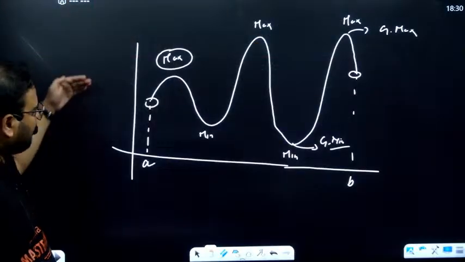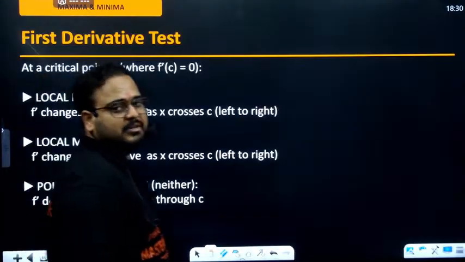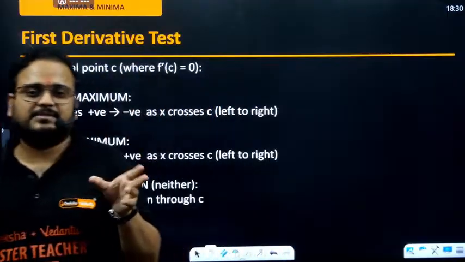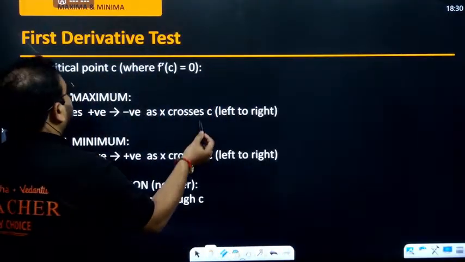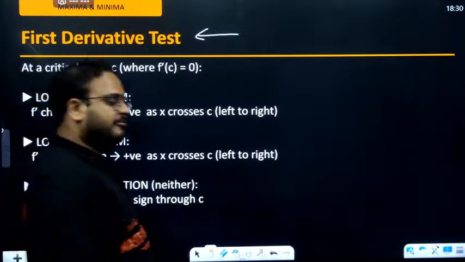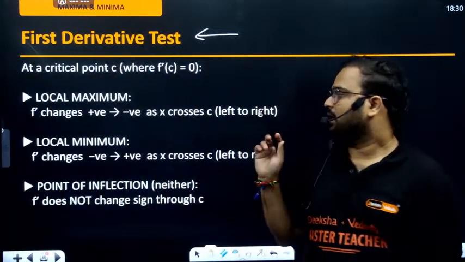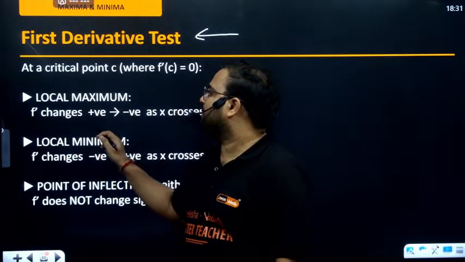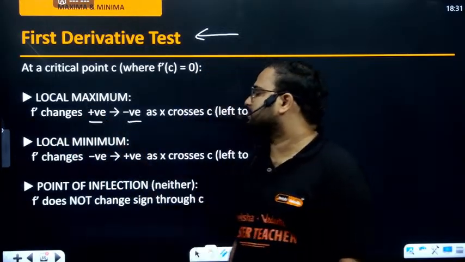Yes. I have already summarized all these points with the help of figures. Now there are two ways to solve questions on maxima and minima. The first method is called the first derivative test. What we did right now, we look at the sign change of the derivative. If f dash, the derivative, changes from plus to minus, it's called local maxima.